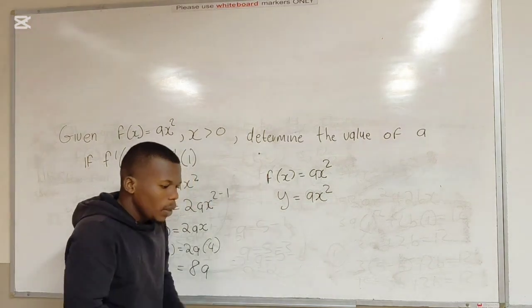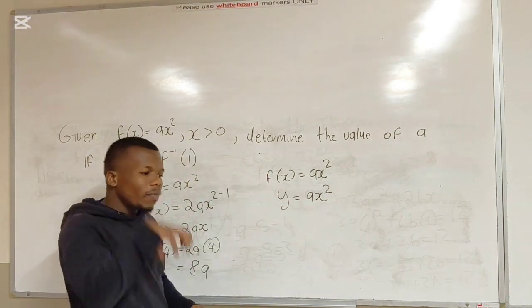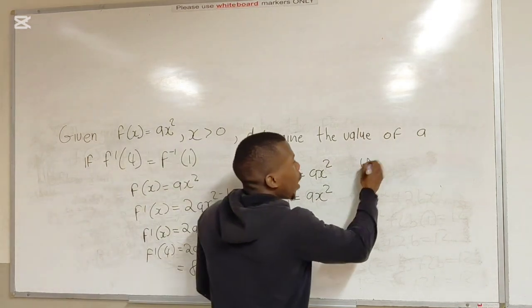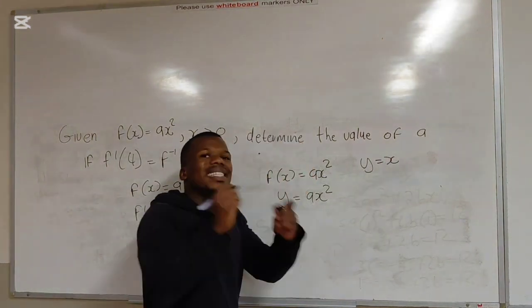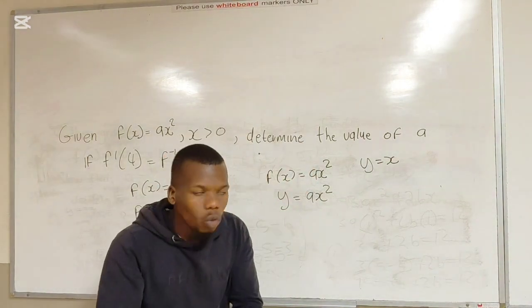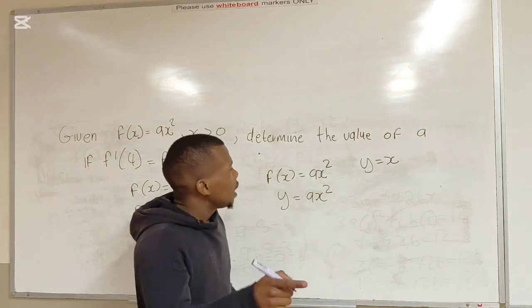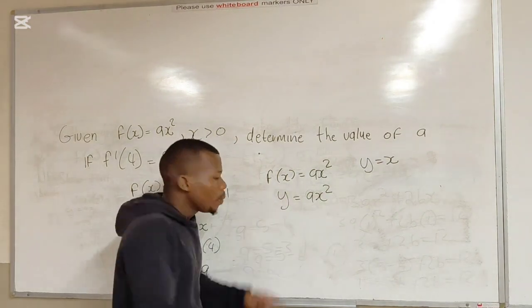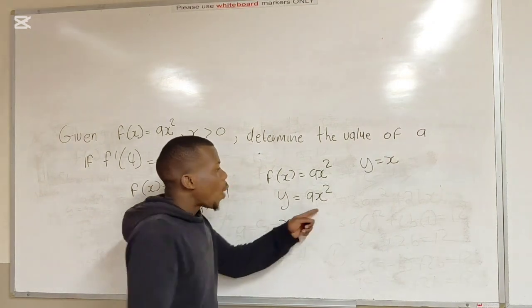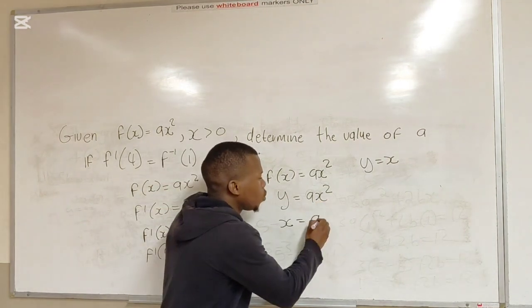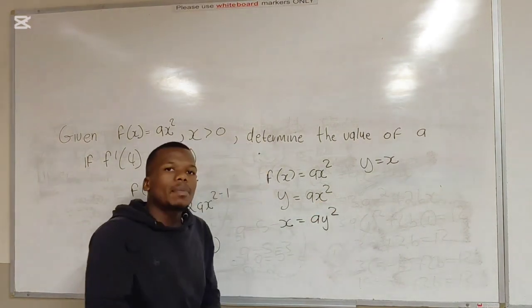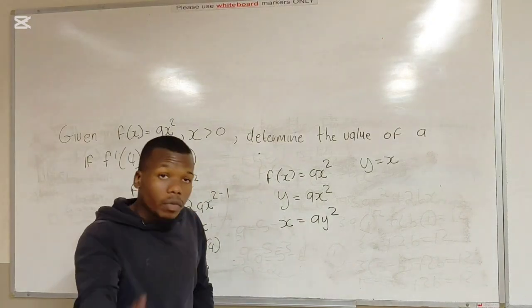Now let's check something. Our function makes a reflection about the line y is equal to x, which means that my x value becomes y and my y value becomes x. In other words, where I see y, I will substitute x. Where I see x, I will substitute y. But I need to make y the subject of the formula.